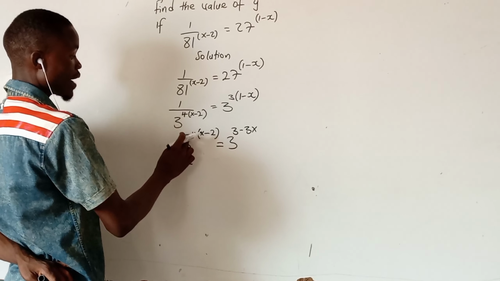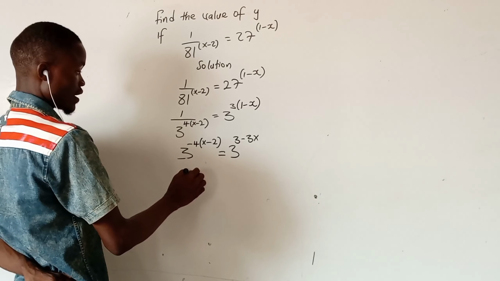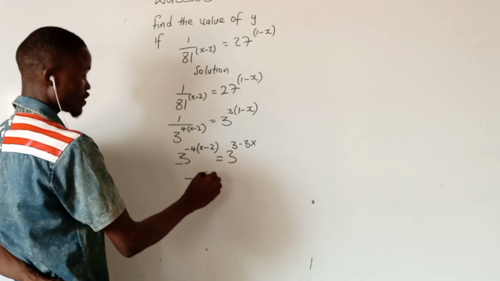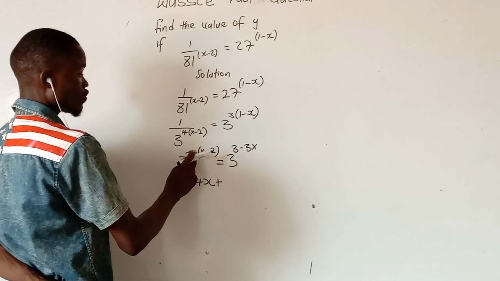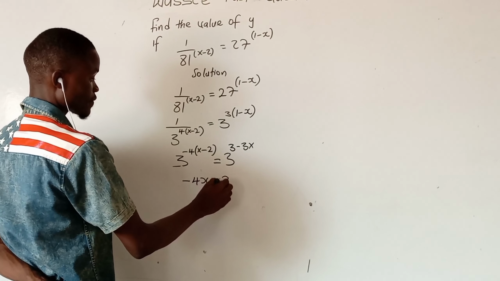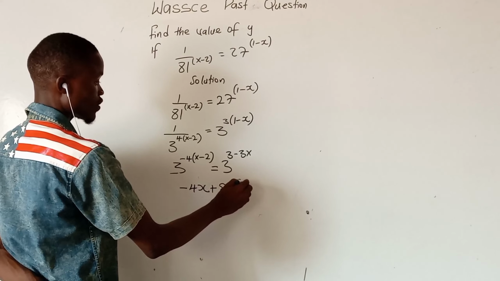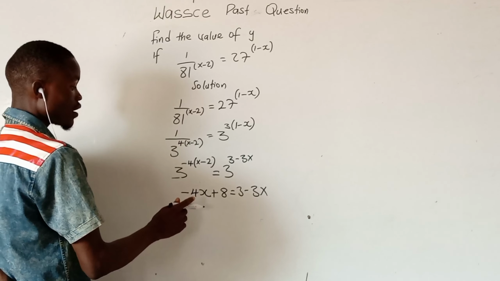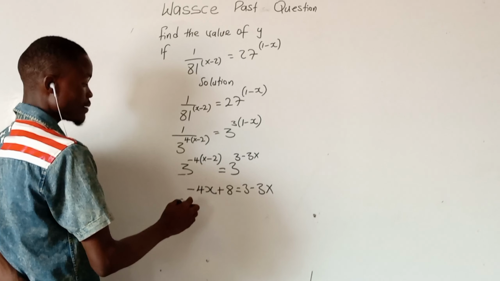So minus 4 times x is minus 4x, and minus times minus is plus, so minus 4 times minus 2 is 8, equals 3 minus 3x. Here we collect like terms.